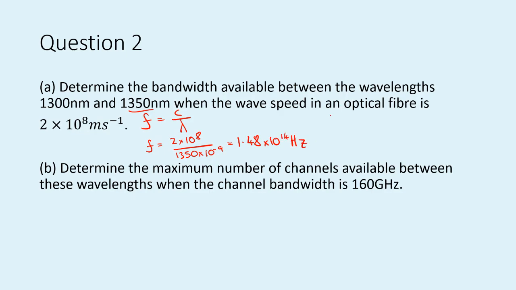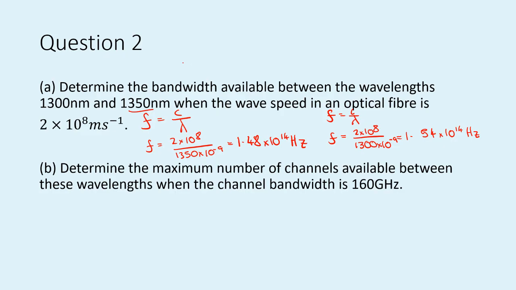That's the top one, and if we look at the bottom now, same idea, frequency is equal to wave speed divided by wavelength. Okay, so those are our two values.